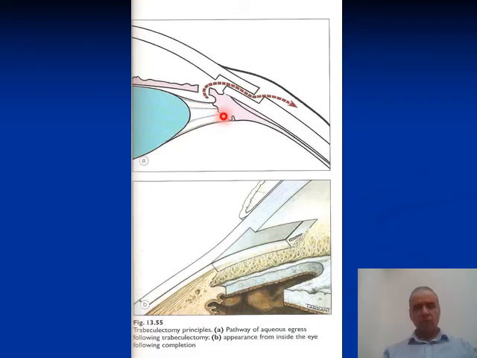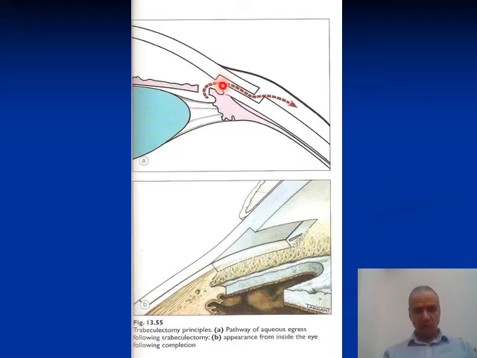So after trabeculectomy, you can see that the aqueous is secreted from the ciliary processes of pars plicata, passes to the posterior chamber, and then through the peripheral iridectomy and through the trabeculectomy, because here we cut full thickness of sclera.